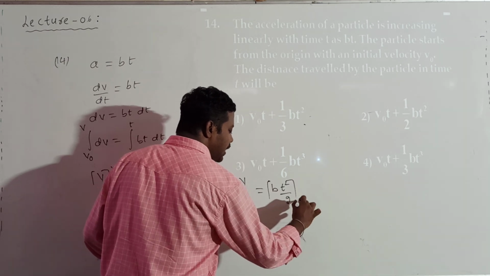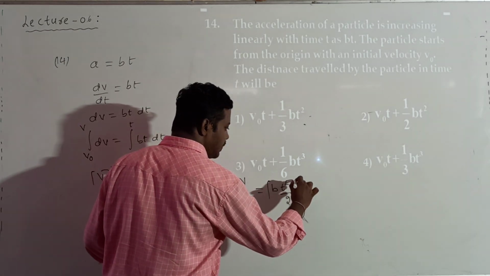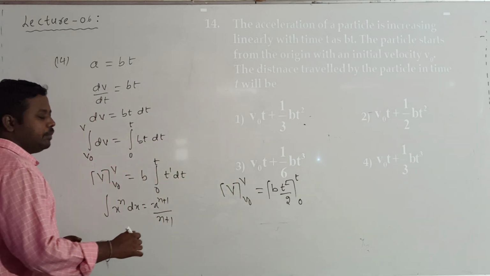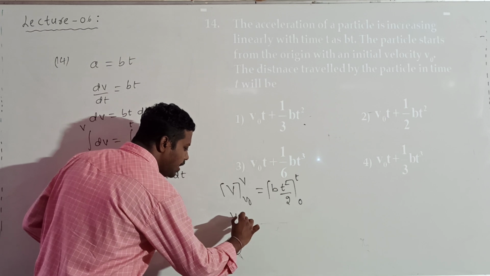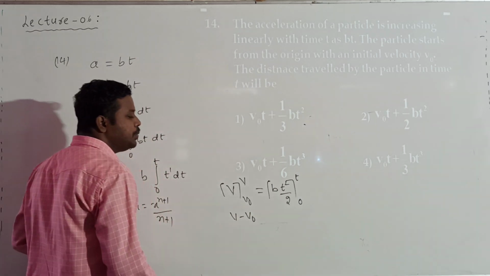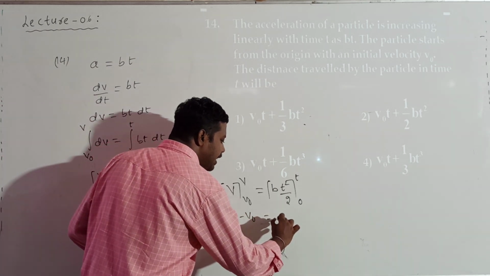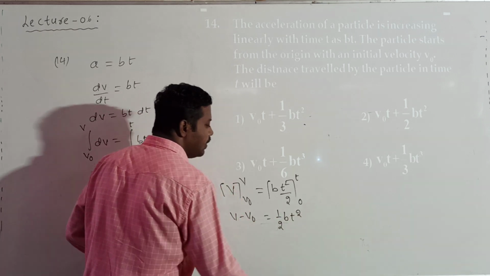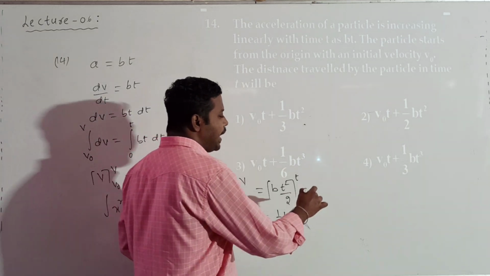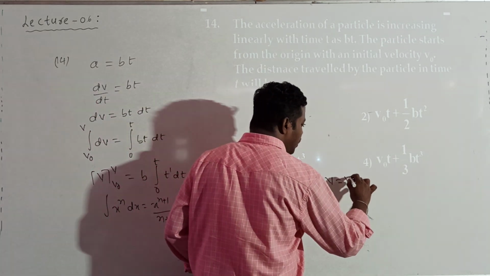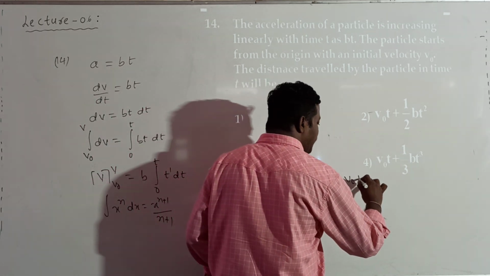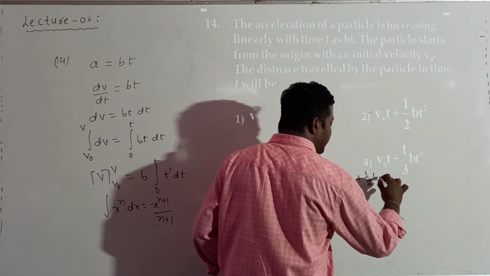The limits are given by 0 to t. After substituting the limits, upper limit minus lower limit, what do we get? v minus v0 is equal to, directly I will write, 1 by 2 into b into t square. Okay, now from this we get v is equal to v0 plus half into b into t square.